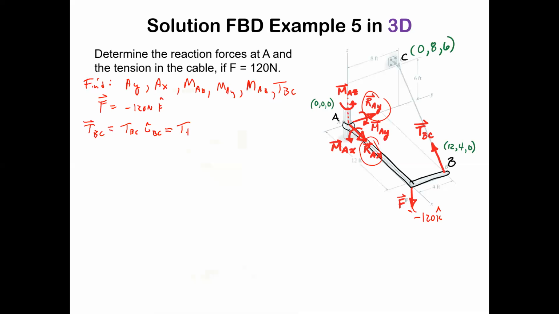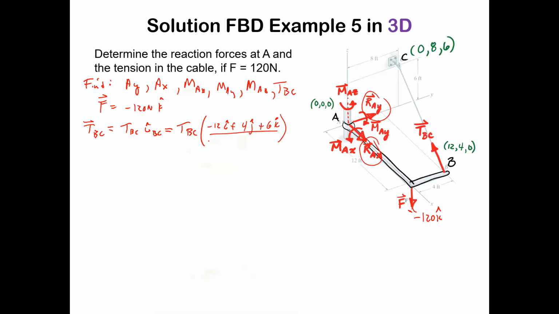That's TBC times UBC. Well, we have to go minus 12 in the X direction, so minus 12I. We go 4 in the Y direction, going from 4 to 8, so plus 4J. And we go 6 in the Z direction, plus 6K.